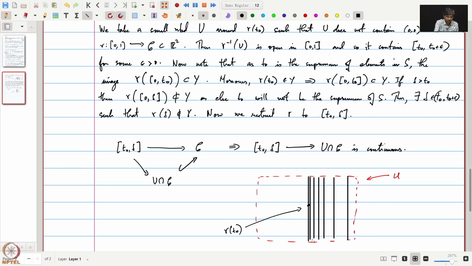And gamma of delta is somewhere over here, right?